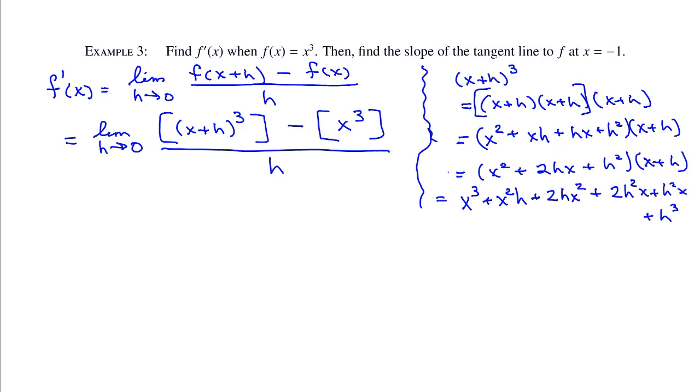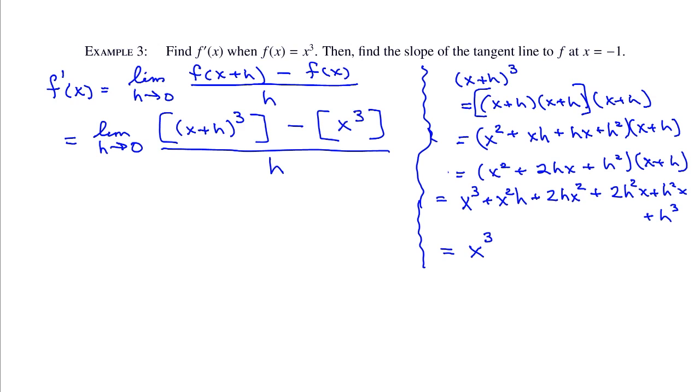I ran out of room. And then one more step. Which of these are the same and can be added together? Well, there's only one x cubed. What about x squared h? There's 1 here, and there are 2 right here.